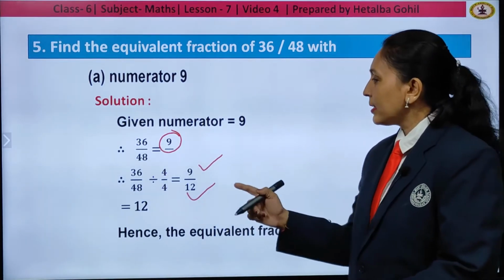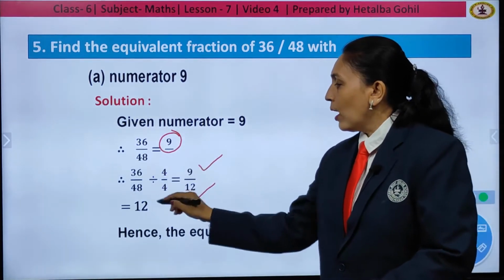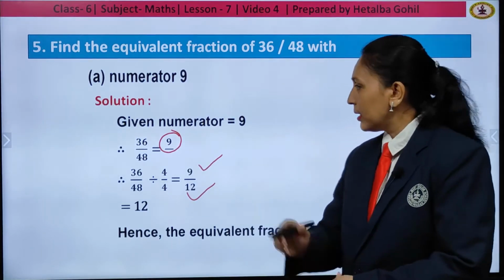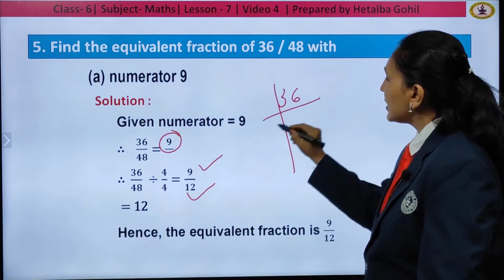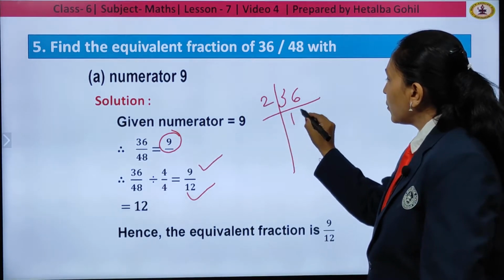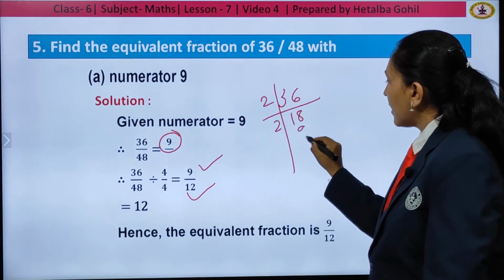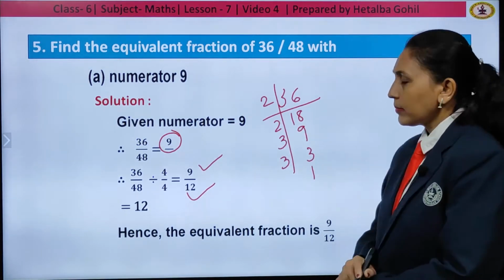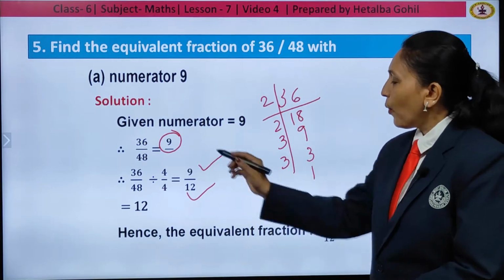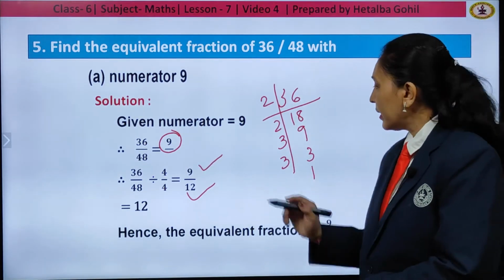Okay. Second thing children, if you don't know how to get this common factor, do one thing, get the prime factors of 36. Start with 2, 2 18s are, 2 9s are, 3 3s are, and 3 1s are. Okay. So now what you have to get into your numerator, children? 9.